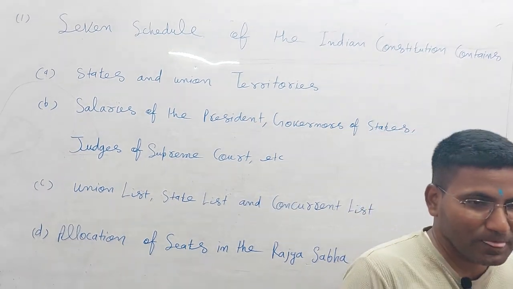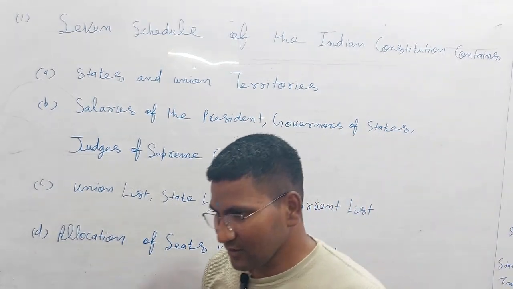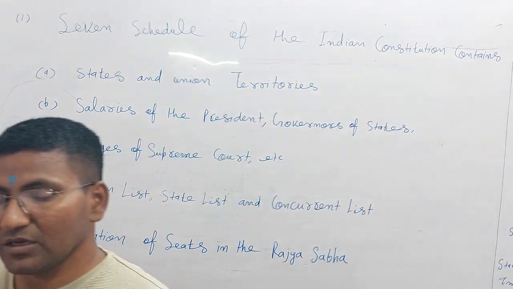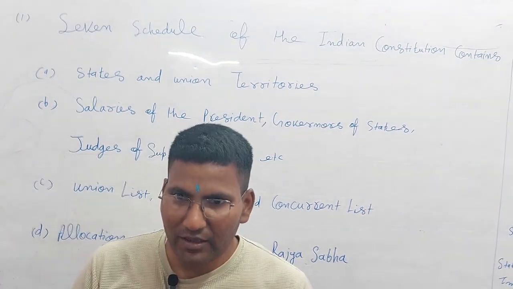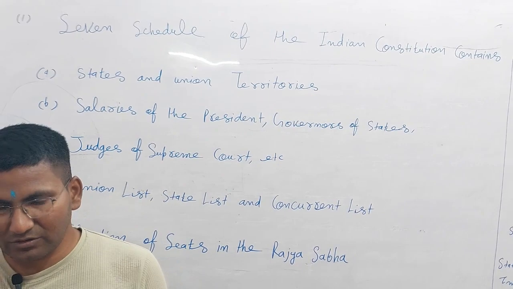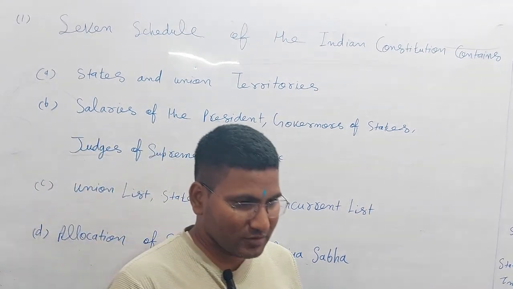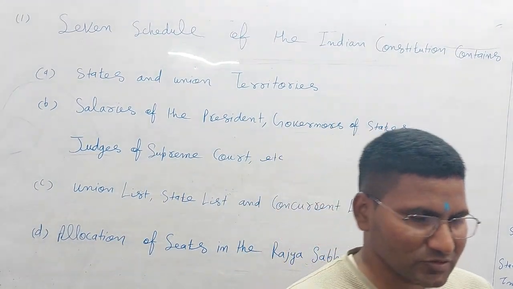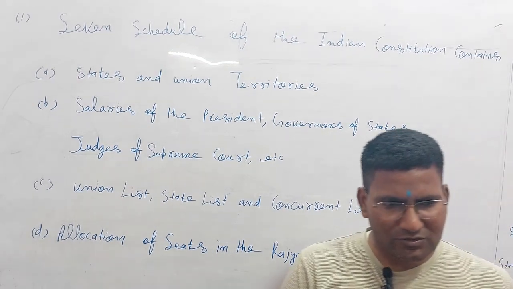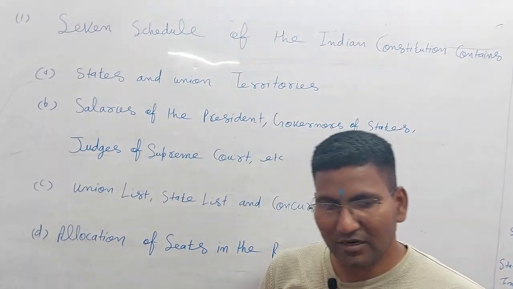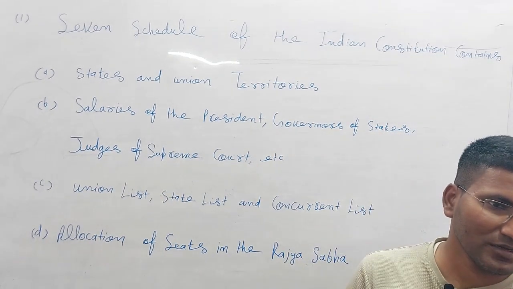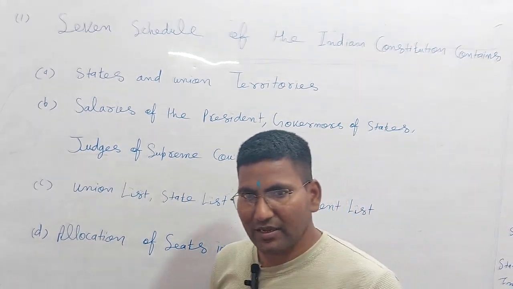I hope you will enjoy the festival of Holi, and Holi also represents the democratic manner. And nowadays, you know very well what is going on in the democracy. So my purpose is to discuss the third part of the salient features of the Indian Constitution and amendments.